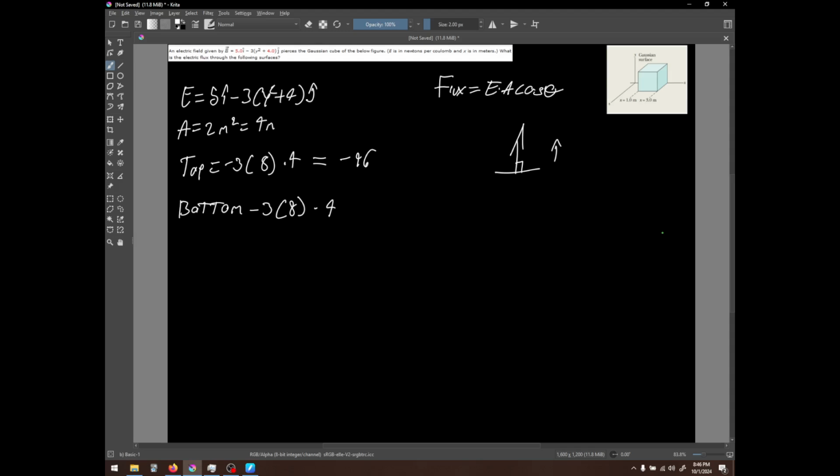Something's up. Something's different. And I'm just assuming it's got to be the y value. But if y is 0, then it's -3 times 0. And it's just the area of 4. And that's not right either.